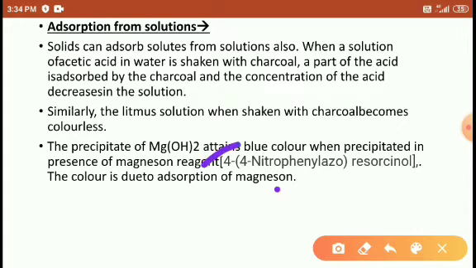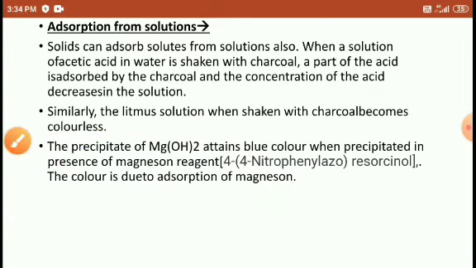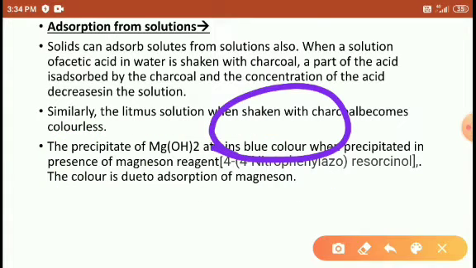So this magnesium acts as an adsorbent, which adsorbs the precipitated magnesium hydroxide. Magnesium hydroxide becomes blue color when precipitated in the presence of magnesium reagent; the color is due to the adsorption of magnesium. So why does it appear blue?